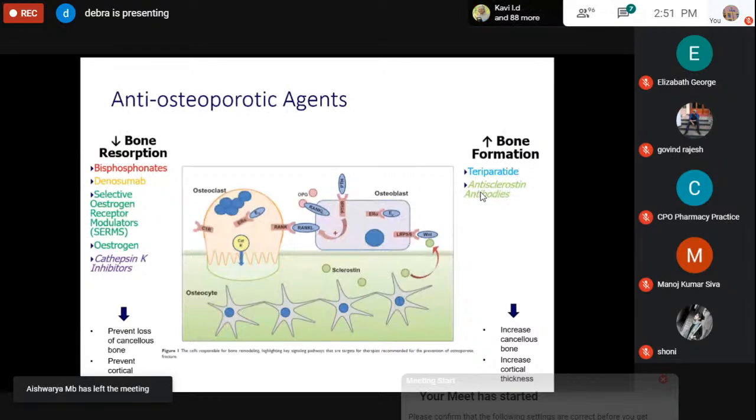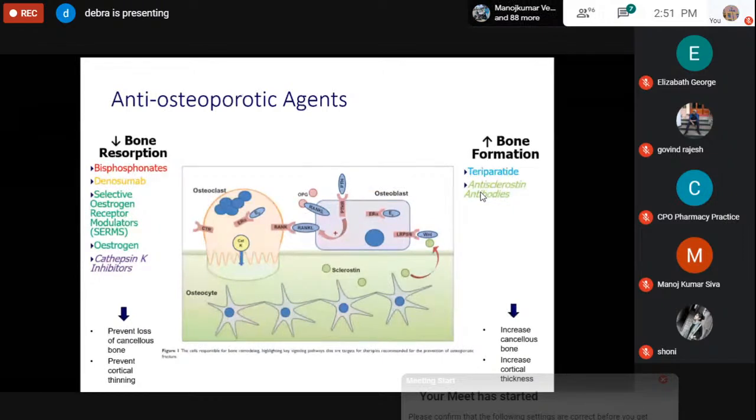So again, just to look at this in terms of where these drugs are working on bone resorption, we've got the bisphosphonates and denosumab, the most common agents we use there. And you can see that also they prevent loss of the cancellous bone and prevent that cortical thinning. The RANKL receptors are located throughout the body where the denosumab is working to influence both osteoclast and osteoblast activity.